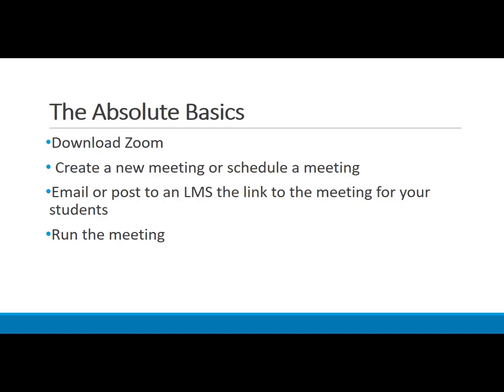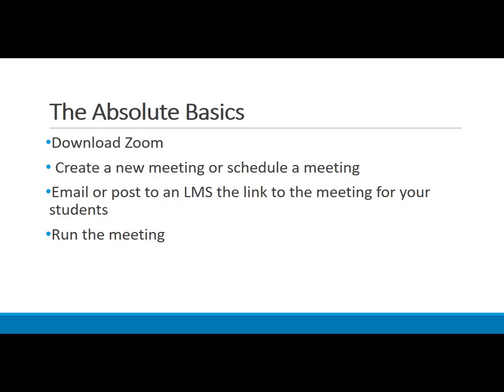Once you have your Zoom account, you can create a meeting, which we'll cover how to do. Creating meetings is a pretty straightforward and simple process. And then when you create your meeting, Zoom will give you a link, and the link will take your students or whoever to that meeting. You can email that link to your class roster and say, this meeting is going on from 10 a.m. to 11 a.m. Friday the 13th.